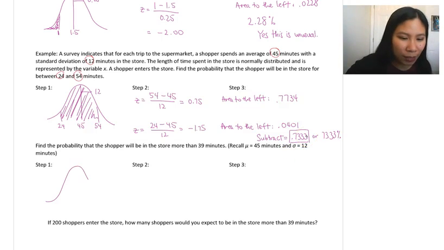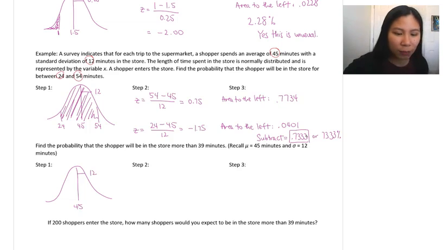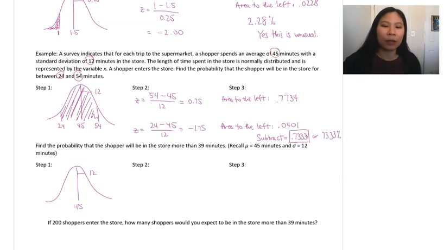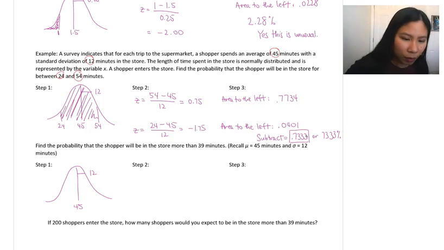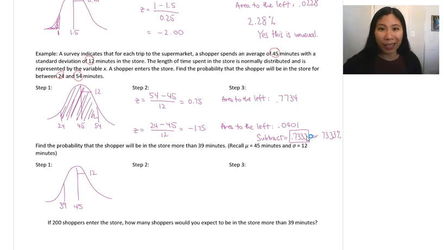So this time for this problem, we're going to draw it out again. So mean of 45, standard deviation of 12. And now they're asking us about the probability that the shopper will be in the store more than 39 minutes. So first, 39 is my x value. 39 is a number smaller than 45, so I've got to put that on the left.